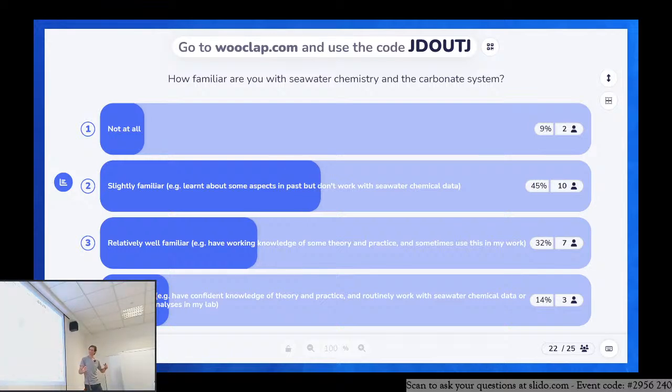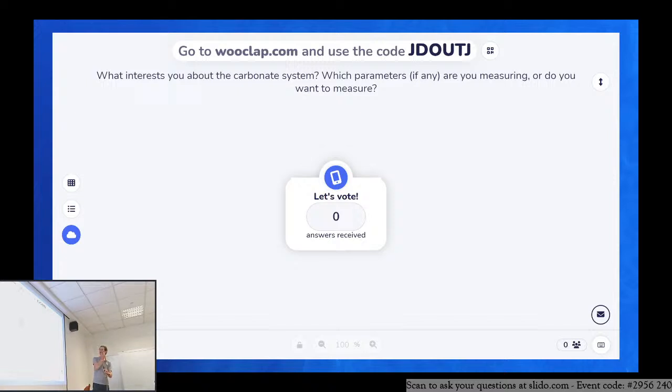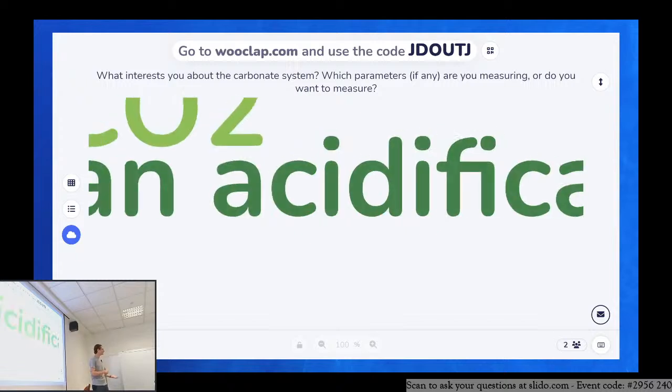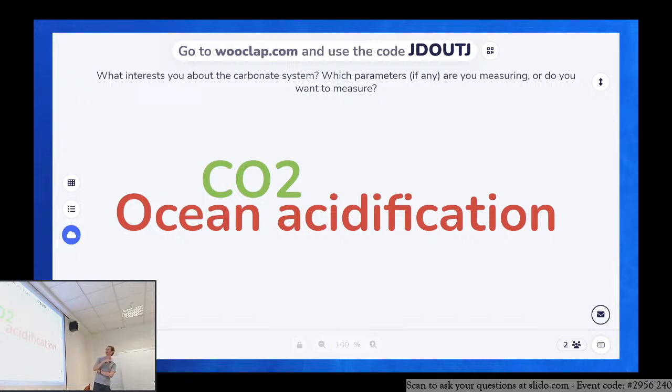Now the next thing that I want to ask is, can you give me a bit of a response about what interests you about the carbonate system? And if you're doing any measurements of carbonate system chemistry or want to be doing any measurements, tell us what kind of parameters you're already measuring. So if you're measuring alkalinity or pH, you can put that in.